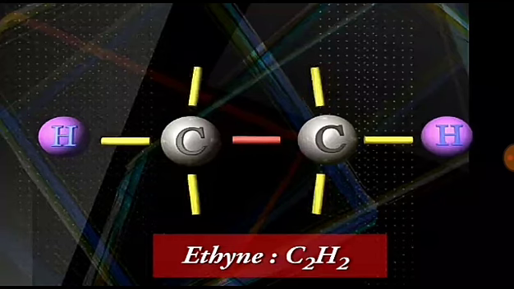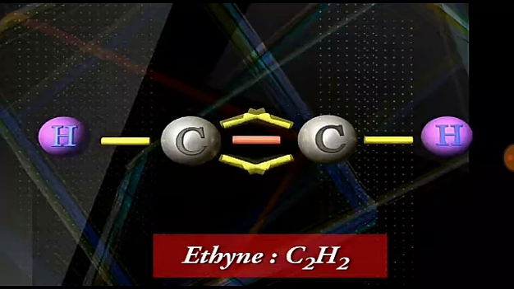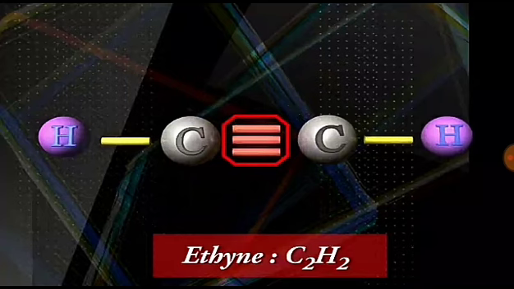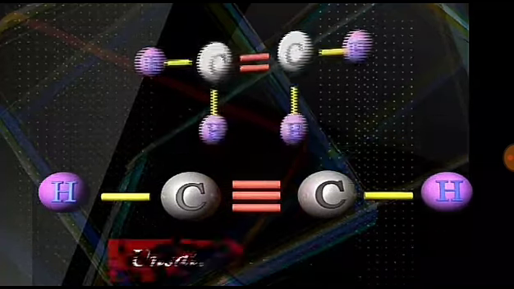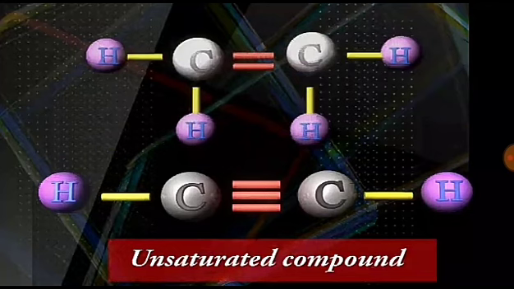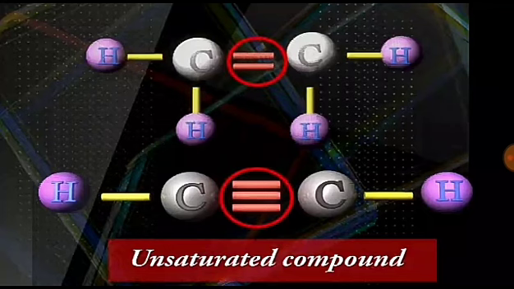This can be satisfied if there is a triple bond between the two carbons. Such compounds having double or triple bonds between the carbon atoms are more reactive as they are unsaturated.